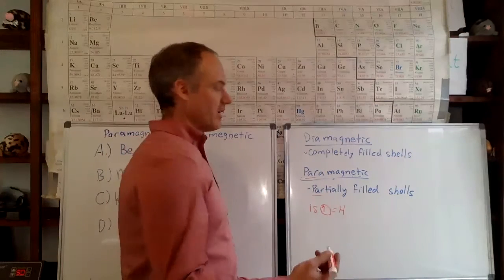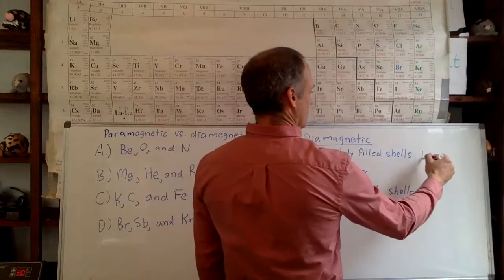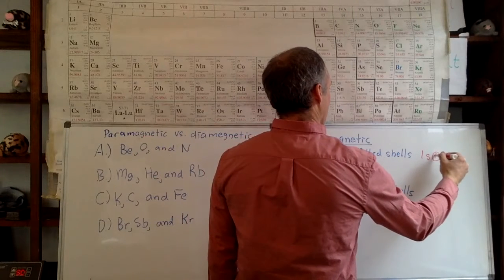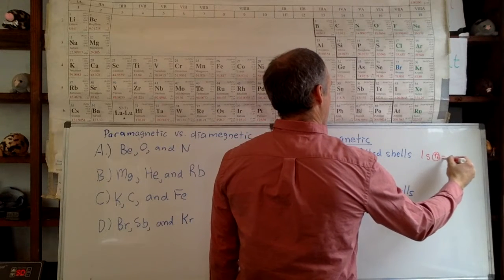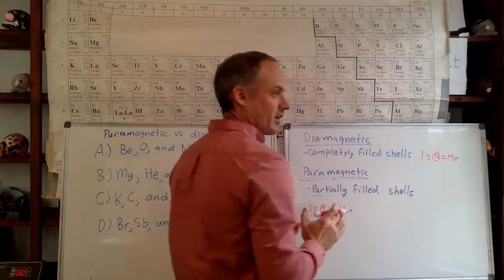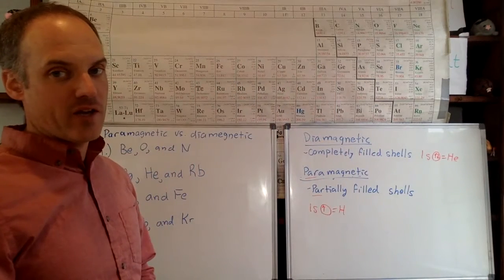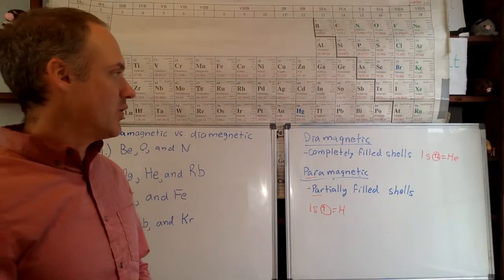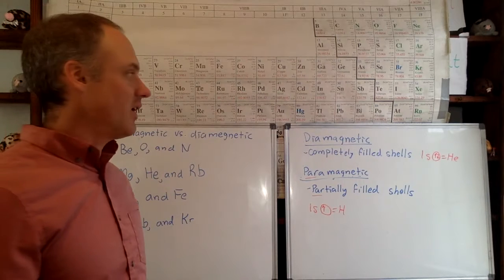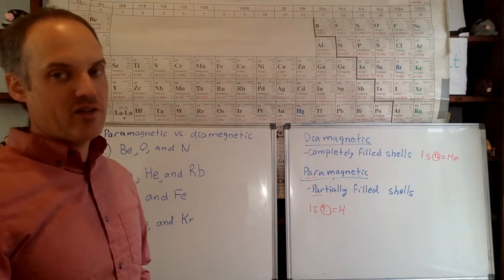Whereas diamagnetic would be its next door neighbor, helium. Right? Because helium has 2 electrons in the 1s shell. So those 2 electrons represent a completely filled shell.